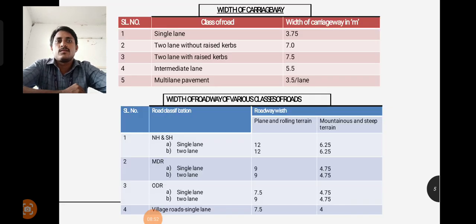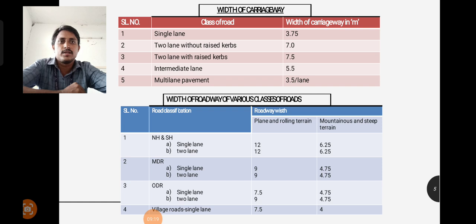Next, what width of the carriageway is provided if it is a single lane, a two lane, or a multi lane? If you see in the slide, a single lane is provided 3.75 meters. Two lanes without raised curbs: a curb is nothing but the separation of carriageway from shoulder and footpath.